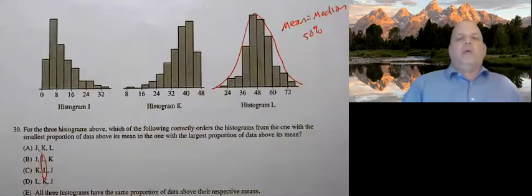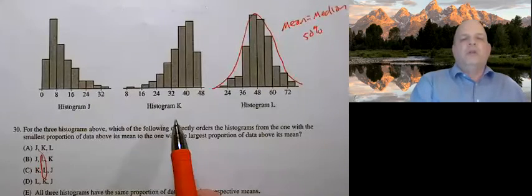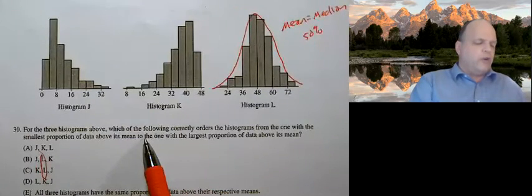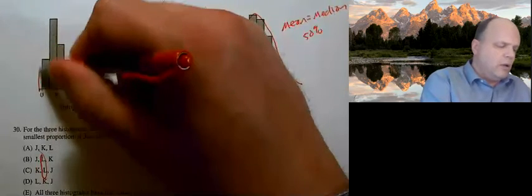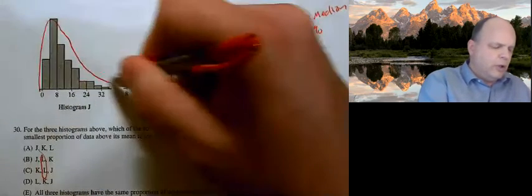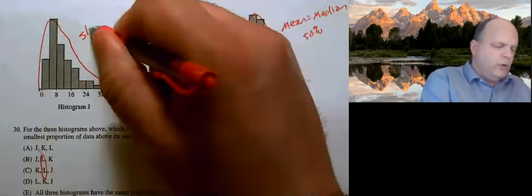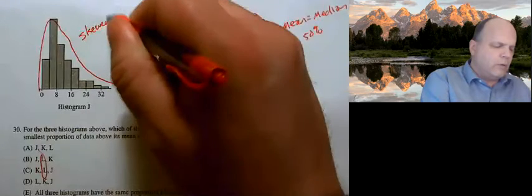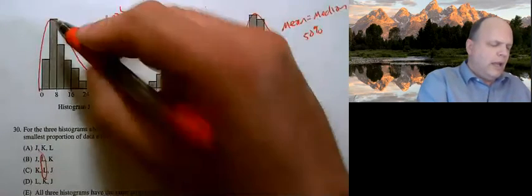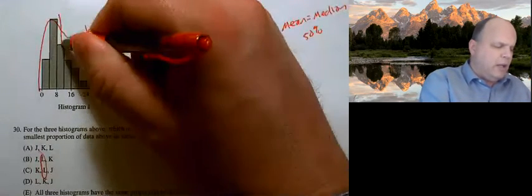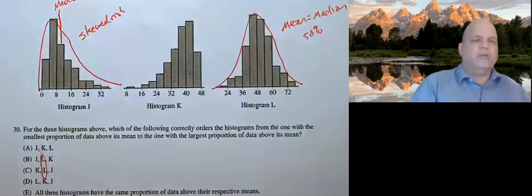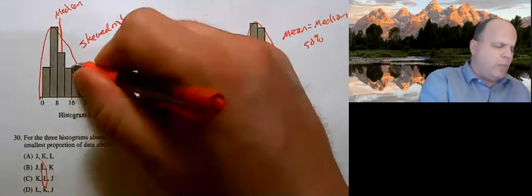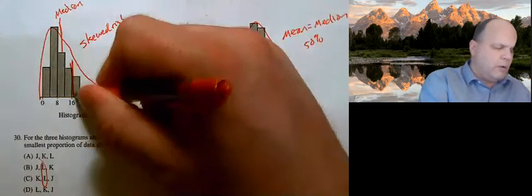All right. So we want to go smallest to largest. Well, this happens to be skewed right. And if this is where the median is, the mean is somewhere up here.